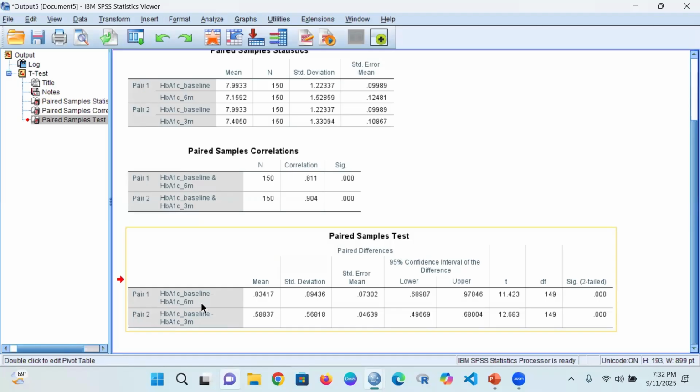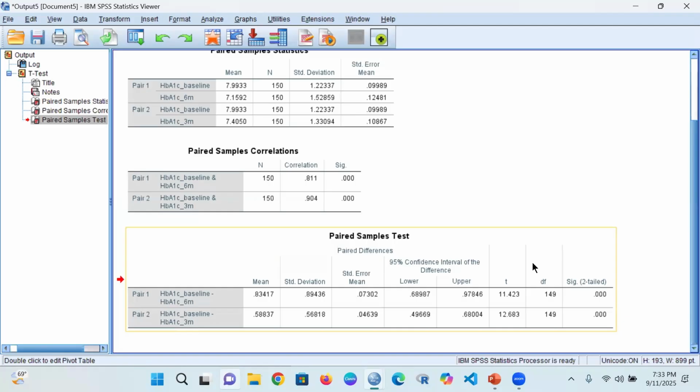The reduction has statistical significance at both stages because the p-value is less than 0.001. So clinically, we can suggest that the drug shows progressive improvement compared to the control over time.